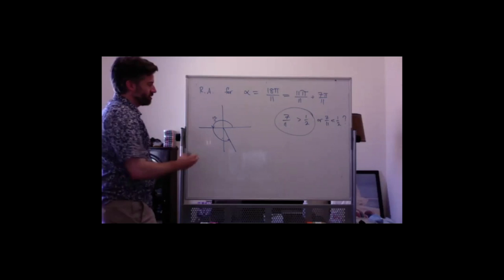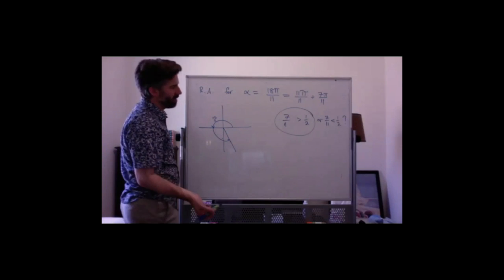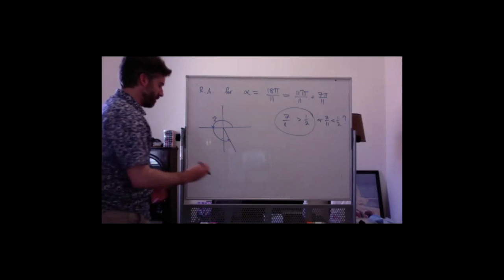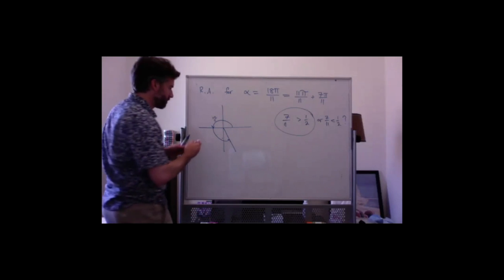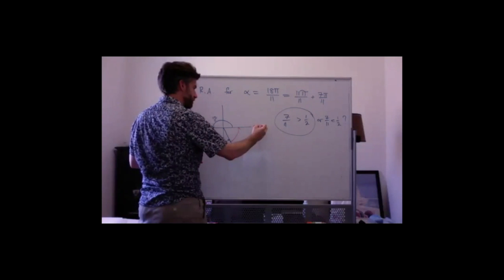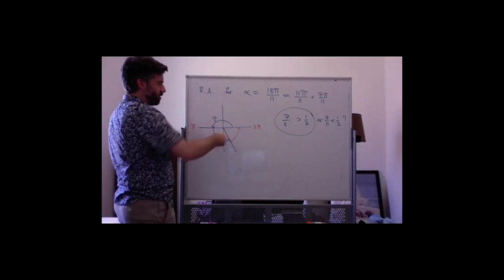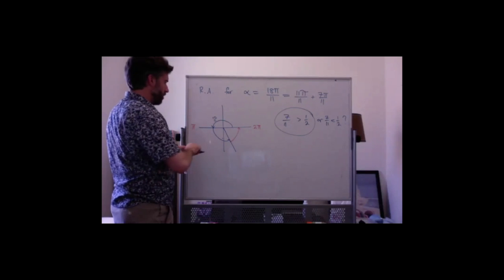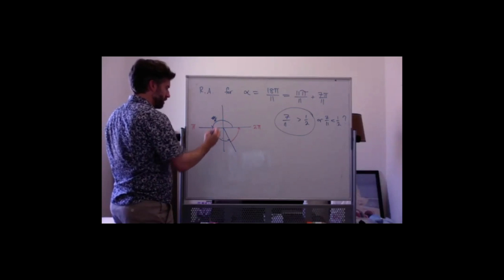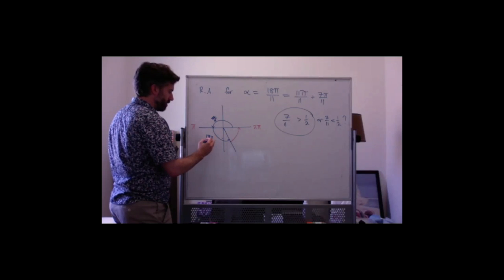And here, knowing that this is 7 pi over 11 might not be the most useful thing. It might be. But the way I would probably calculate my reference angle here, well, I'm just trying to find this angle. So I know this whole angle is 18 pi over 11.